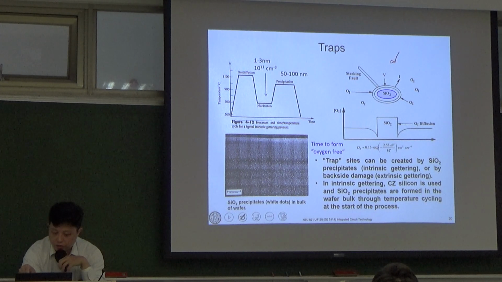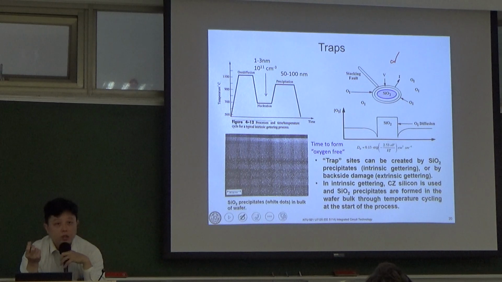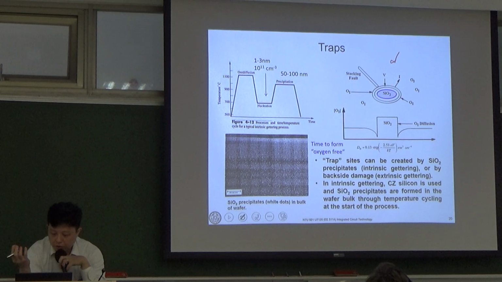We have this silicon dioxide beginning from a very small nucleation and beginning to precipitate and grow bigger and bigger. So we will create these traps on purpose. Since we cannot get rid of all the oxygen, why don't we just use it?